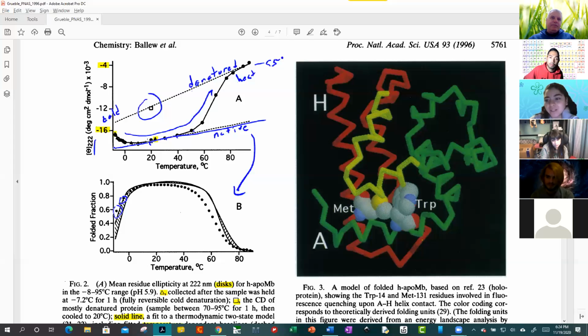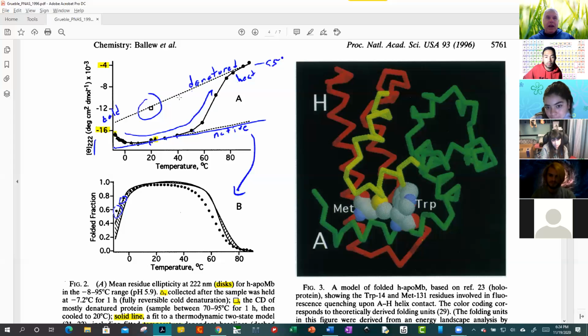But wait, isn't it because they heated it up and then they cooled it down, and that's why it's denatured, because it was denatured at one point? Right. So they heated it up to like 95 degrees C. They almost boiled it.